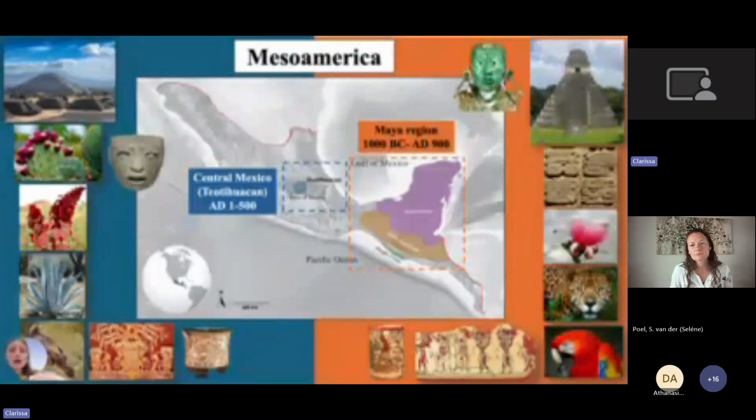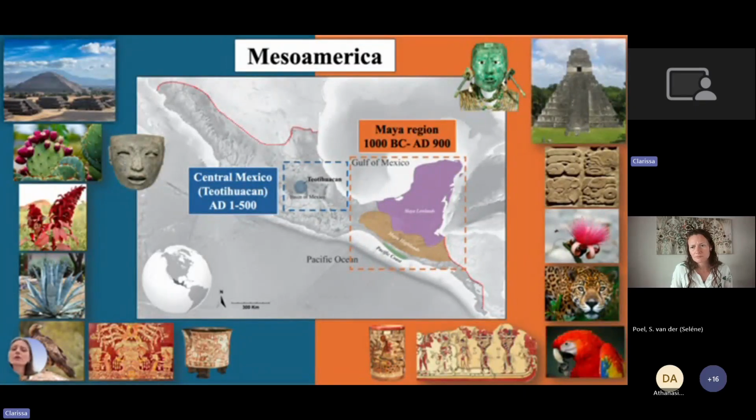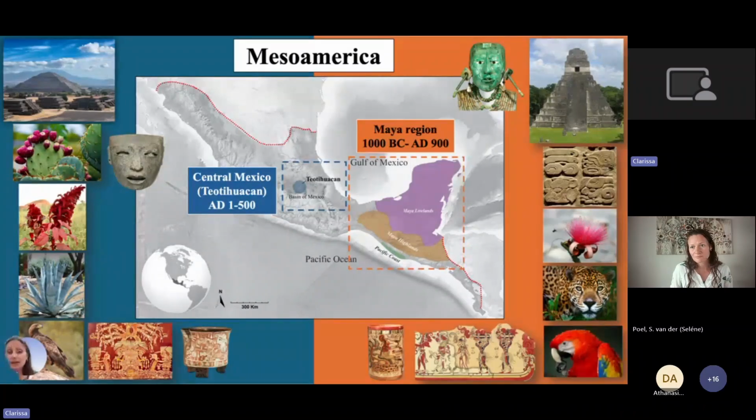Whereas at Teotihuacan in central Mexico, it's more of an arid landscape. You are 2,300 meters above sea level, and so the flora and the fauna are going to be slightly different. There are going to be some overlaps, but what is interesting is that these two cultures had interaction in the past. So it's also very interesting to see how maybe food changed, also depending on these interactions.